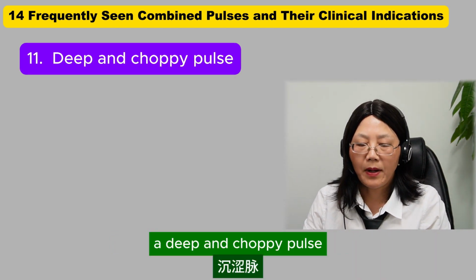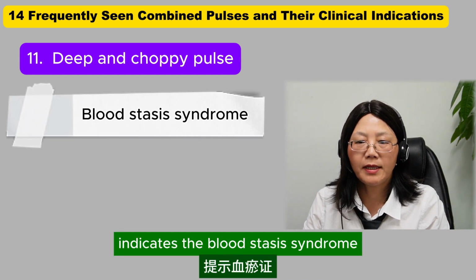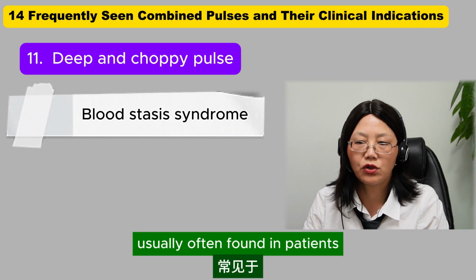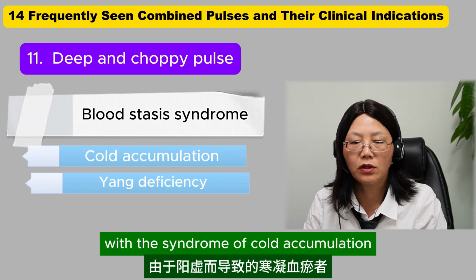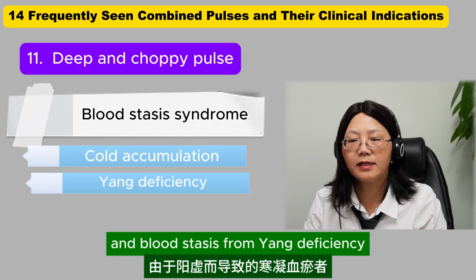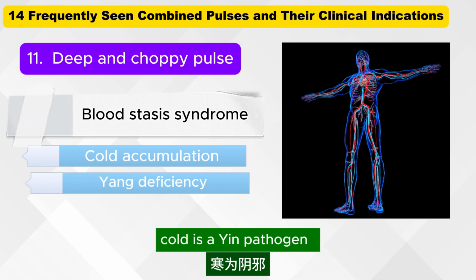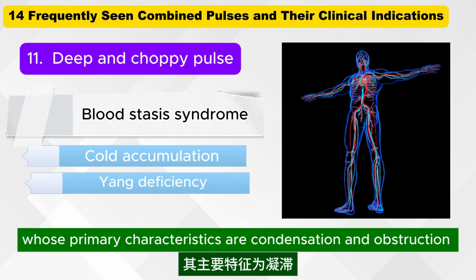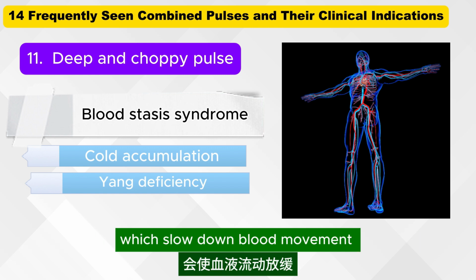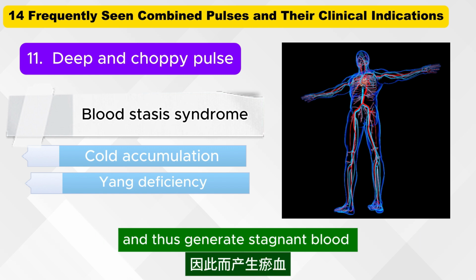Deep and choppy pulse indicates the blood stasis syndrome, often found in patients with the syndrome of cold accumulation and blood stasis from yang deficiency. Cold is a yin pathogen whose primary characteristics are condensation and obstruction, which slow down blood movement and thus generate stagnant blood.